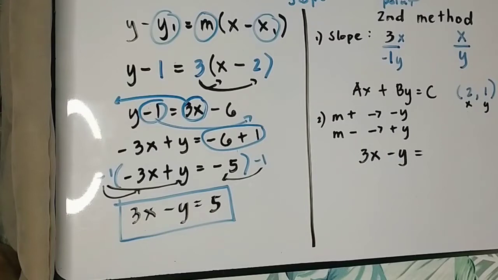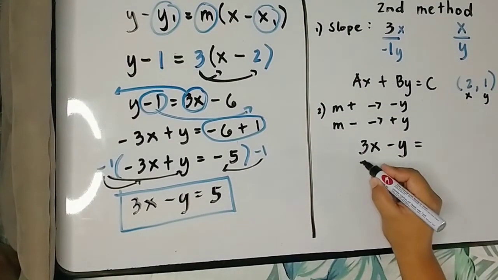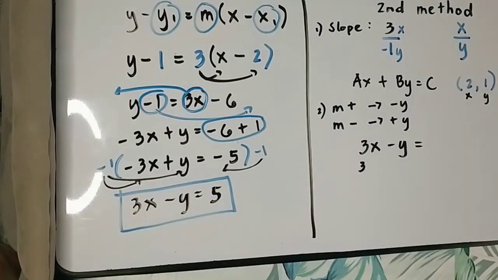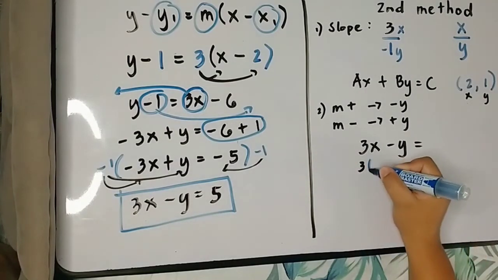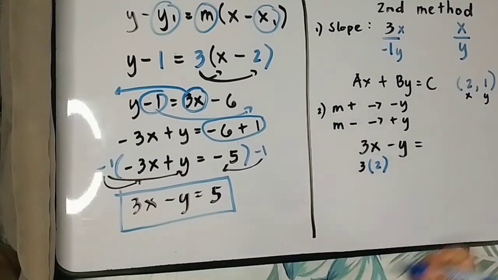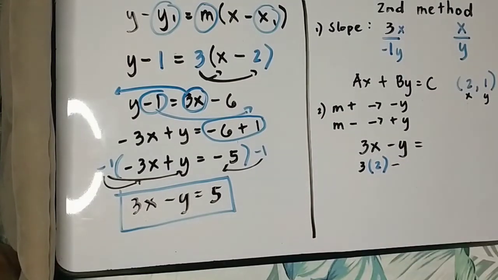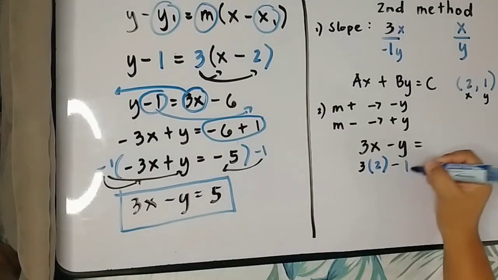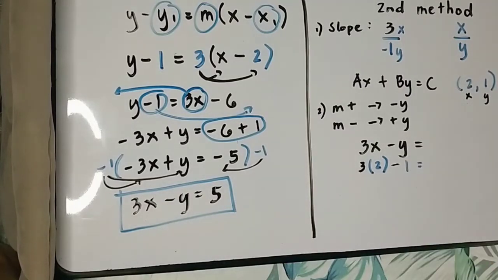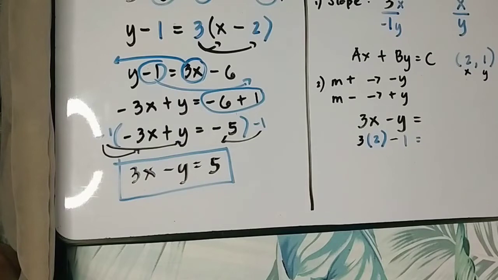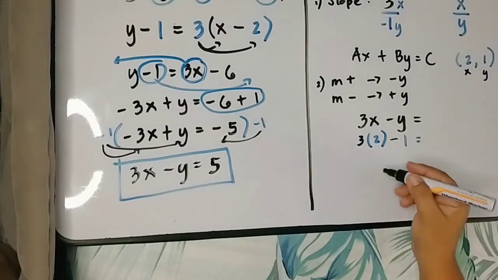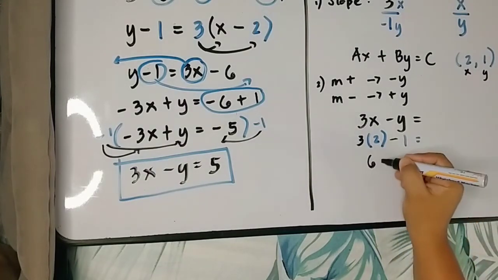Okay? So, magiging 3 times value ni x ay 2. So, 3 times 2. Then, minus y is 1. So, minus 1 equals, so, 3 times 2, this is 6 minus 1.